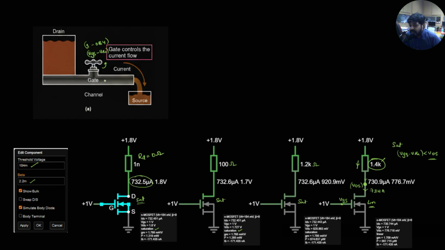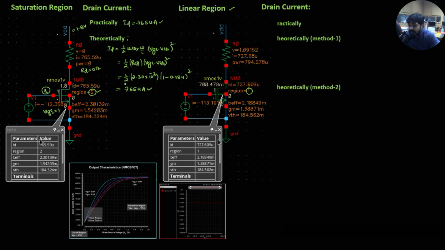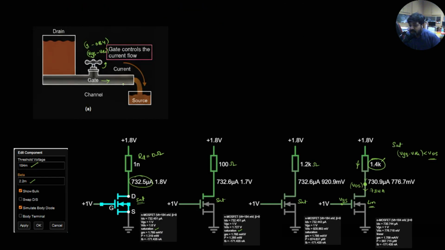The corresponding current the transistor has already calculated is 765 microamperes, which is expected to be conducted. For the given voltage, when you open the tap by some amount, the corresponding current is expected to conduct this much.